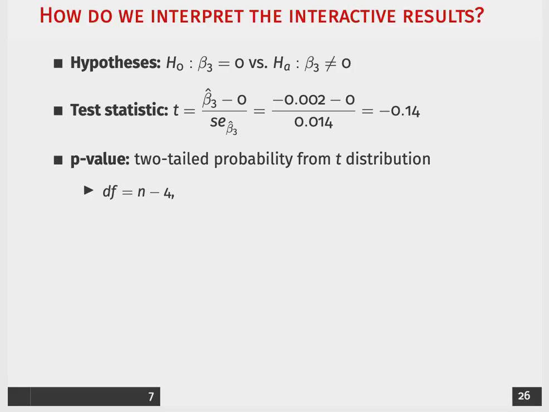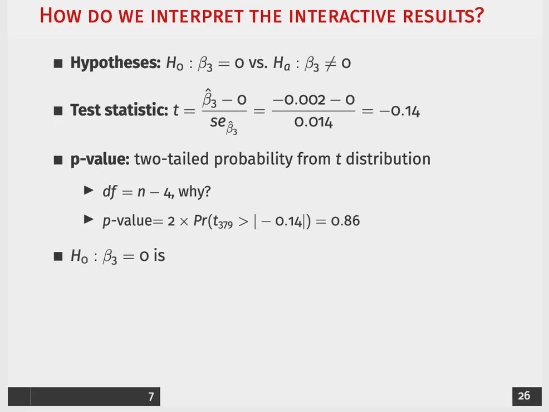Now, in order to access the t distribution, we have to remember what our degrees of freedom are: n minus 4. Why is it n minus 4? Well, it's n minus k minus 1, and we now have 3 estimated coefficients with the addition of our interaction between party ID and age. When we calculate our p-value, we get approximately 0.86.